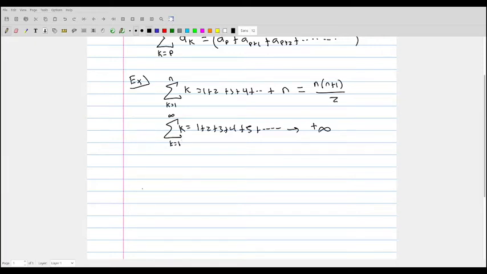So the big question is how to define convergence and divergence of an infinite series.